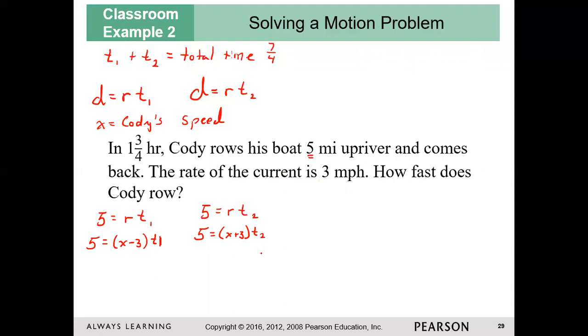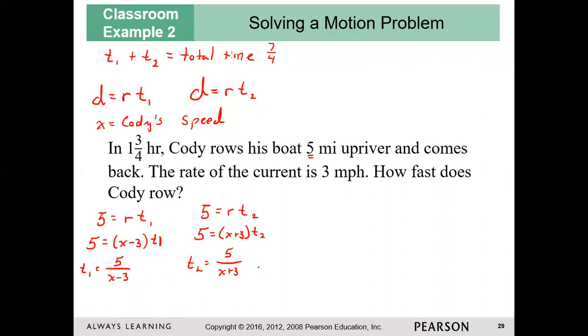So T2. And now if I'm using this formula up here, which says T1 plus T2 is equal to total time, all I have to do is solve these for T, right? So I'm going to divide both sides by x minus 3 here and divide both sides by x plus 3 there. So that's going to give me T1 is equal to 5 over x minus 3, and T2 is equal to 5 over x plus 3.